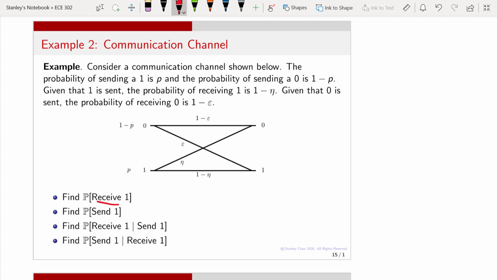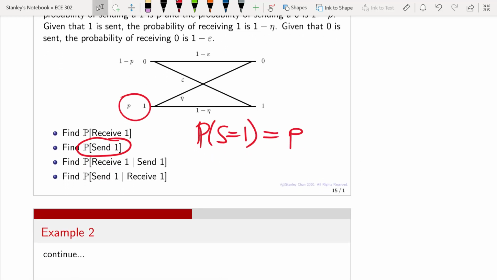Let us start with the probability that you are sending a 1. This should be very straightforward because the sender has nothing to do with the channel, and so this is just P. Now let us also consider this event.